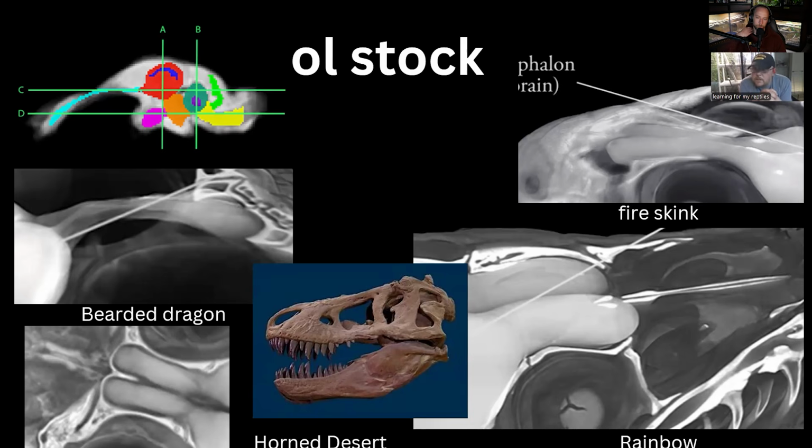Imagine what it was like, because he's a vertebrate. He has all these same parts. So imagine what it was like for him to open his mouth and take a gulp of air. How much of that did his brain go, man, I smell?